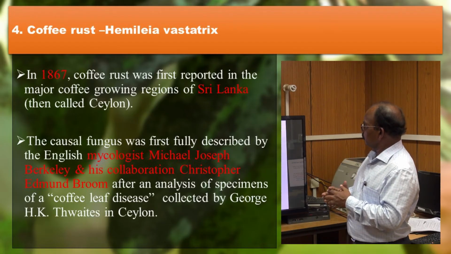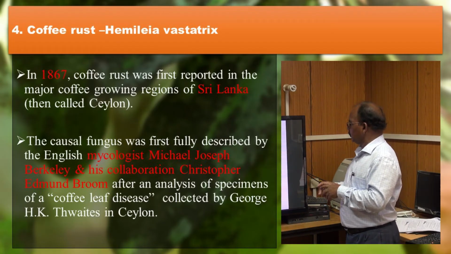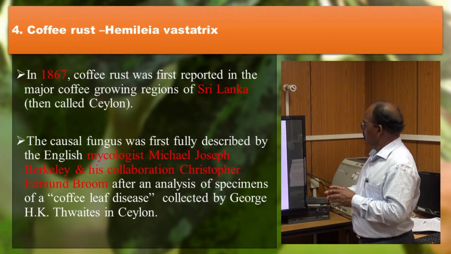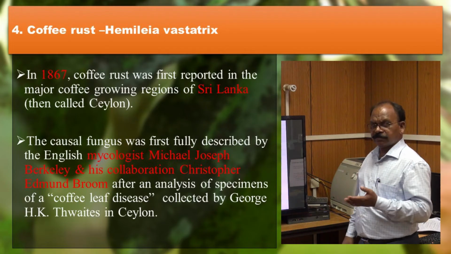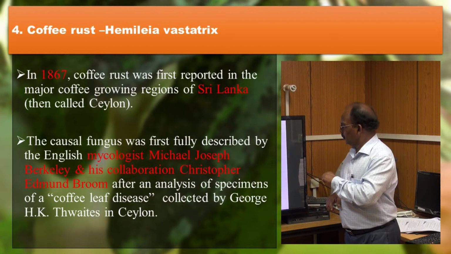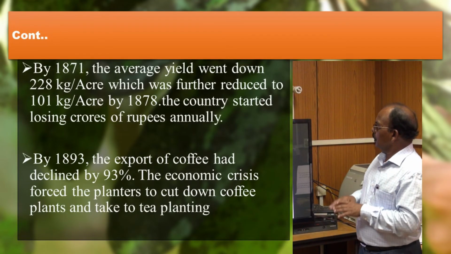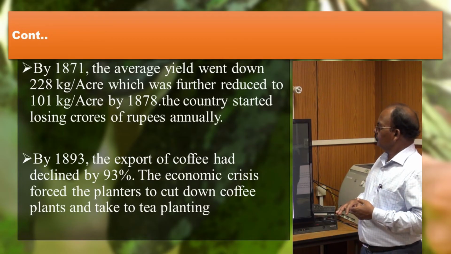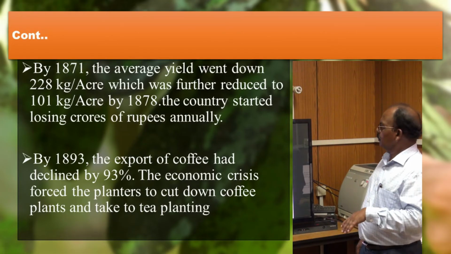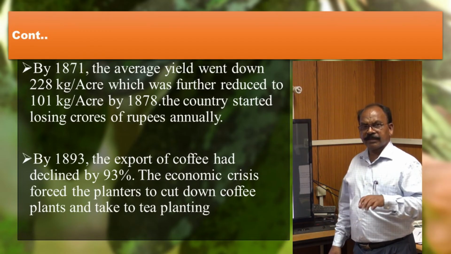The causal fungus was first fully described by English mycologist Michael Joseph Berkeley and his associate Christopher Edmund Broome after an analysis of the species of the coffee leaf disease, which was collected by George K. Thwaites in Ceylon. By 1871, the average yield of coffee went down to 228 kg per acre, which was further reduced to 101 kg per acre by 1878.